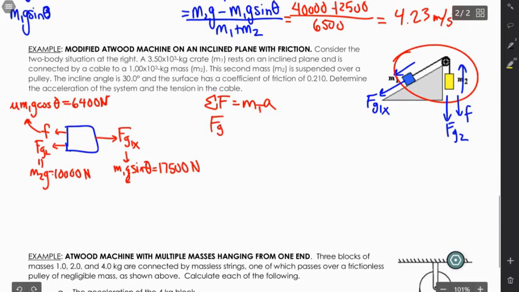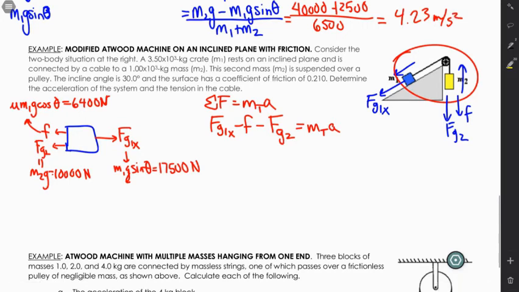I have FG1X minus F minus FG2. If you do a quick calculation, this is 16,400. This is 17,500. You would see that this is definitely bigger than this. That's the reason why it would accelerate down the incline. And that's going to be equal to MTA.